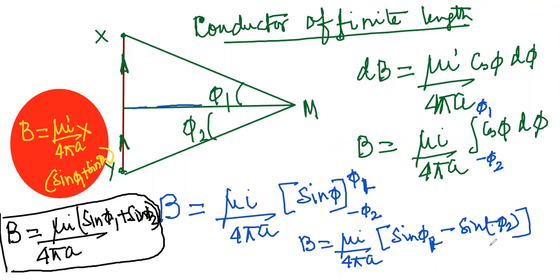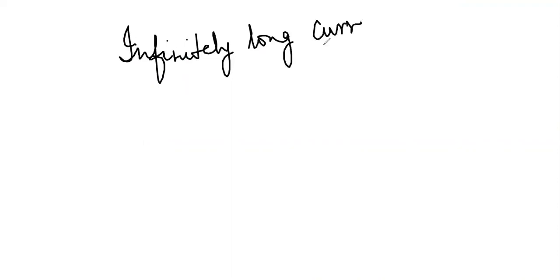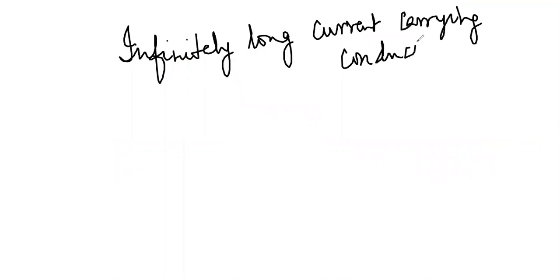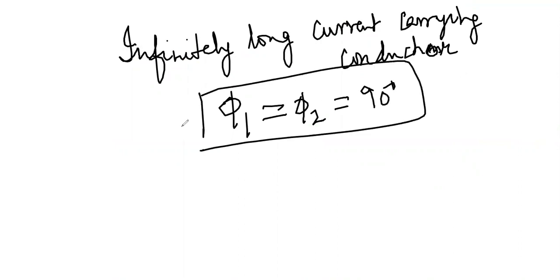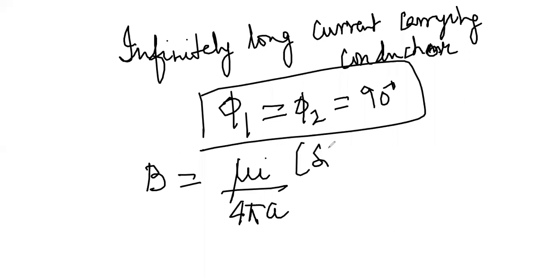But if I want to find it for an infinitely long current carrying conductor, phi 1 equals phi 2 equals 90 degrees, because as the length of the conductor goes on increasing, phi 1 and phi 2 tend towards 90 degrees. So B equals mu I by 4 pi a bracket sine of 90 degrees plus sine of 90 degrees.